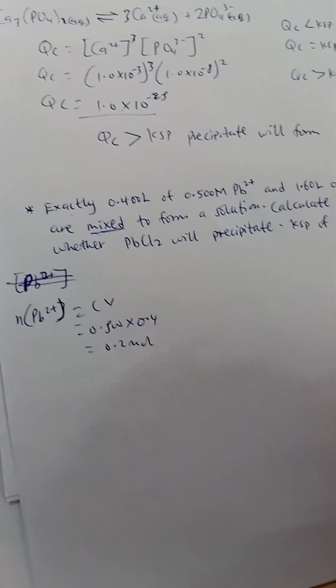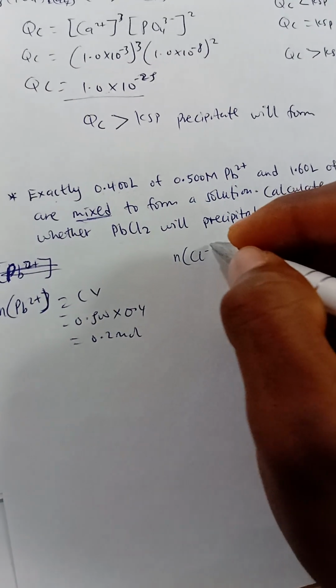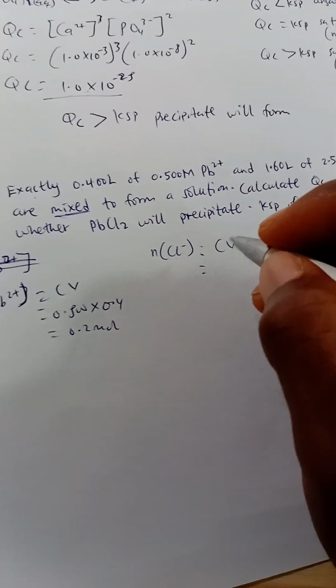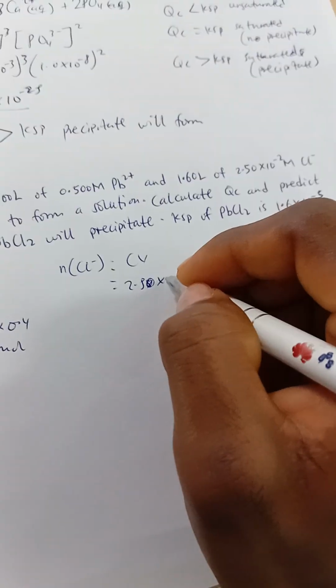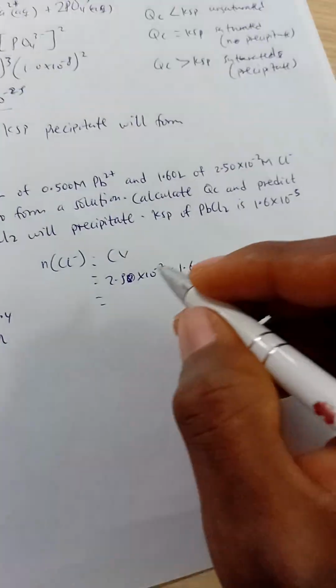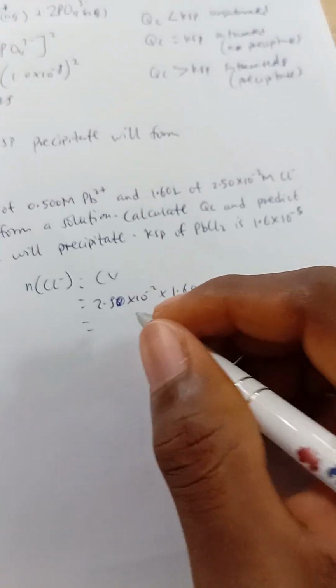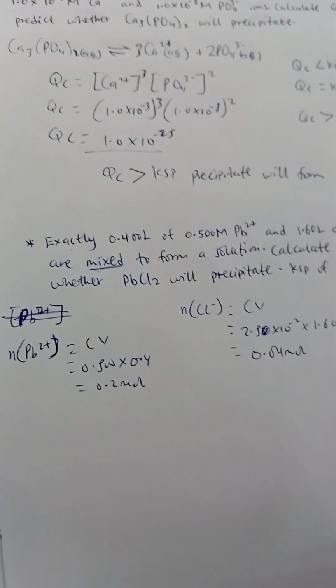Then we can go ahead and get what? The initial mole of what? The Cl minus. To be also CV, concentration by volume. So here too we are going to get 0.04 mole. These are the initial moles.